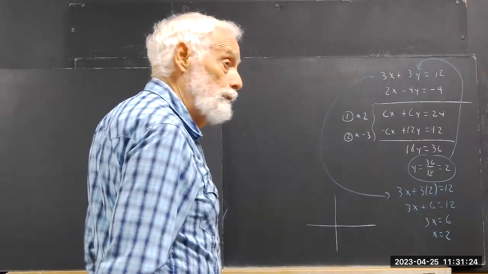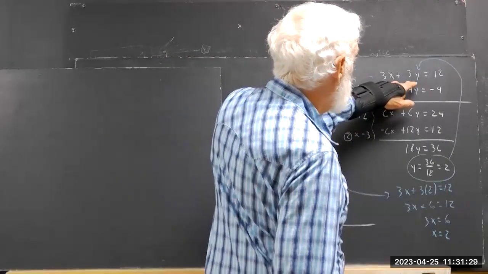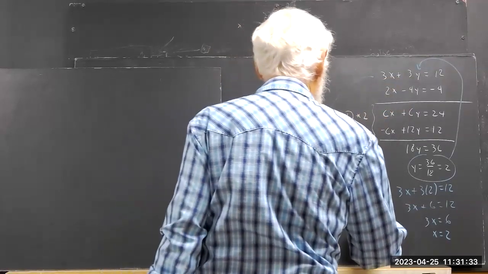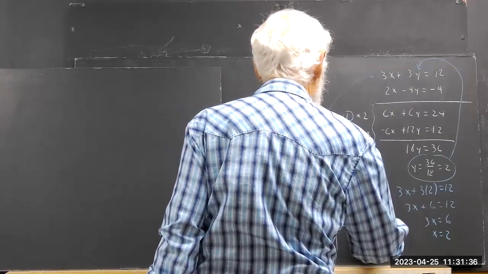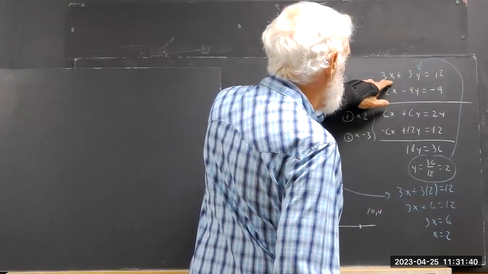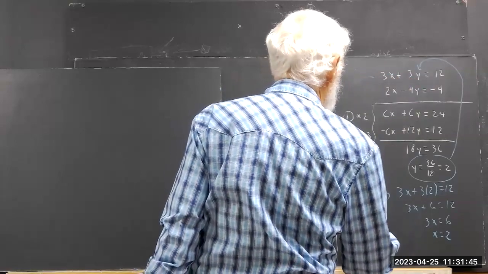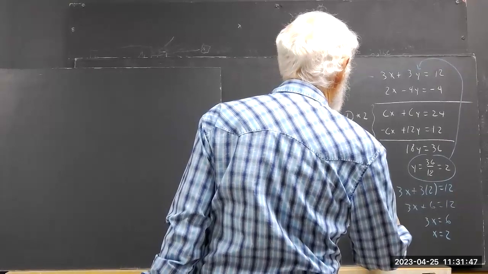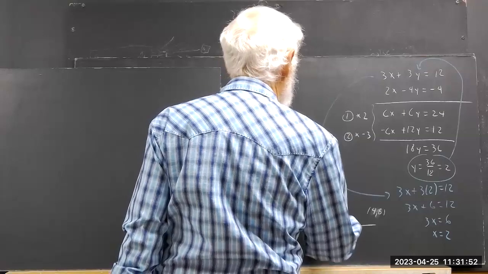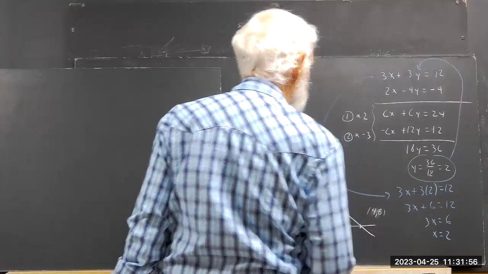We sketch a graph. We find that the x-intercept is first: if y equals 0, we're going to get x equals 4. So we have the point (4, 0). If x equals 0, y equals 4, so we also have the point (0, 4).